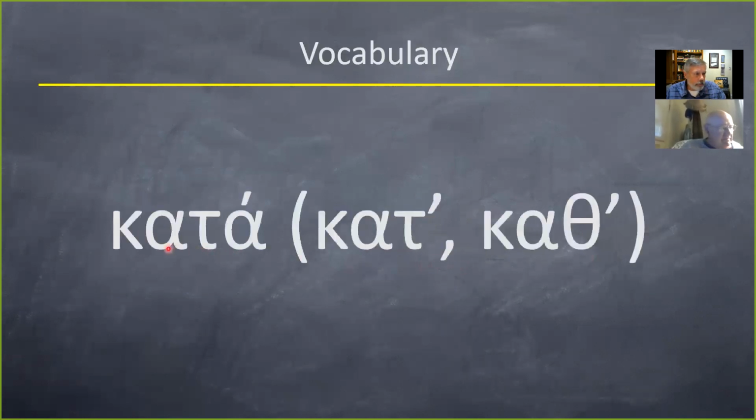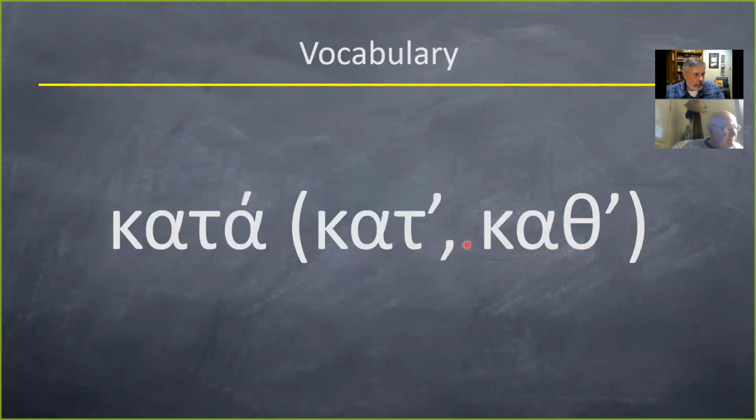All right, here's another preposition, kata, and it can be kat' when it precedes a word that begins with a vowel, the alpha drops. If it precedes a word that begins with a vowel and a rough breathing, then it's going to be kath', so it uses the theta, the tau aspirates to a theta.